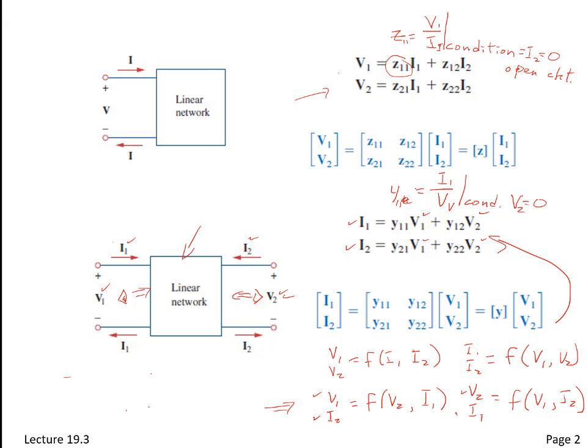That's the only thing that makes it different. I could actually make it V1 and I1 as a function of V2 and I2, but that wouldn't work too good because then I've got solely a function of the output. I don't have the left terminal relating to the right terminal and the right terminal relating to the left.